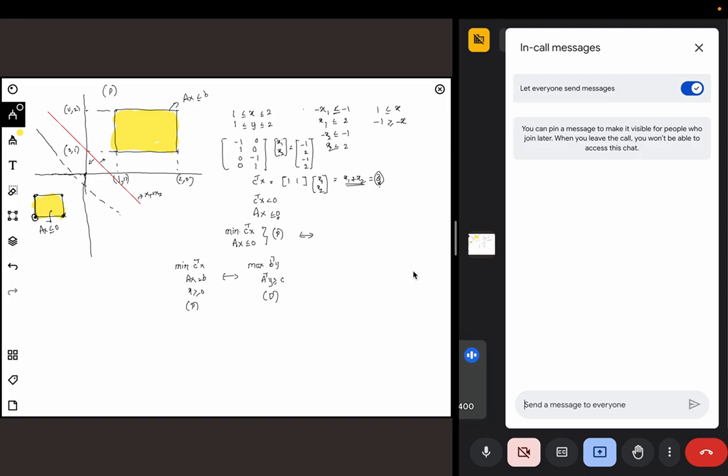So it's like having this whatever you have here as a very big thing. Let's say if this is not finite, this particular thing can encompass the entire space, right? It can keep going on. It can take the entire Q3. If it is entire Q3, then how will you minimize C transpose X? You keep moving this side, and it will always be in the feasible region, and you will not have a finite solution.